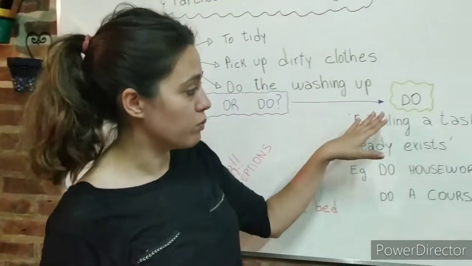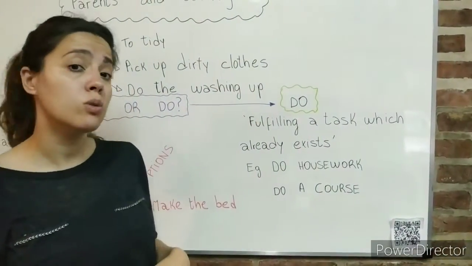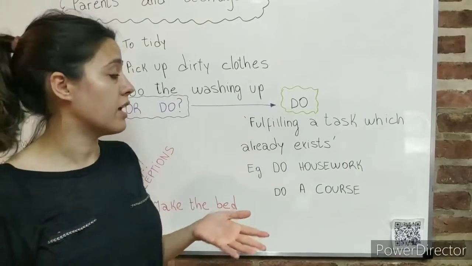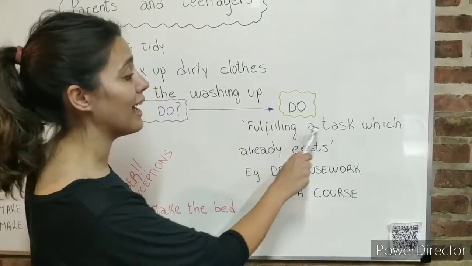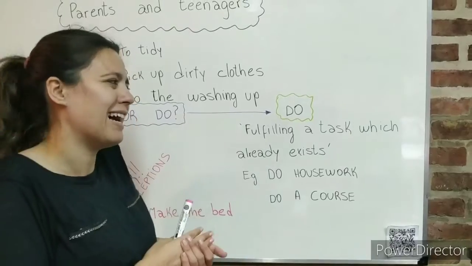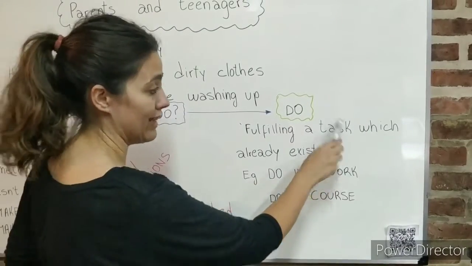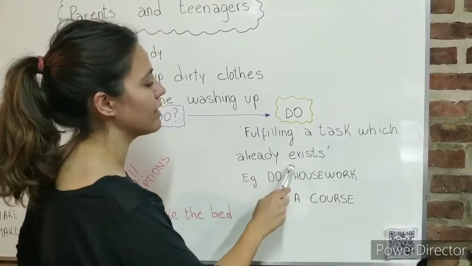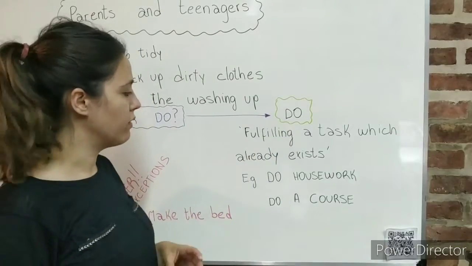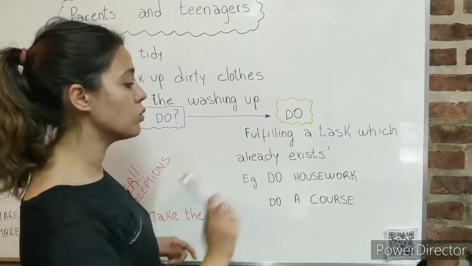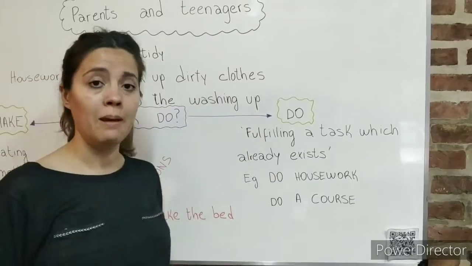Then we have do, yes? When we use do, it is used to talk about fulfilling a task, yes? Esto es completar, realizar una tarea which already exists, que ya existía. For example, do housework, do a course.